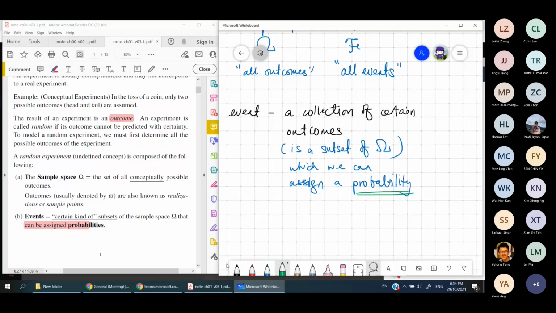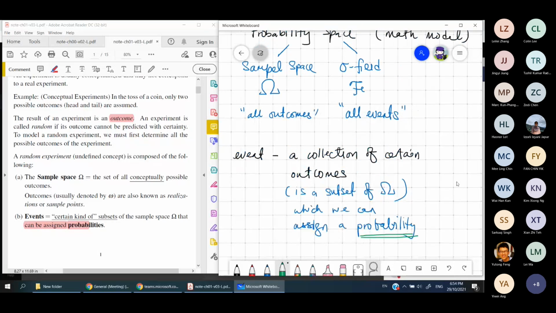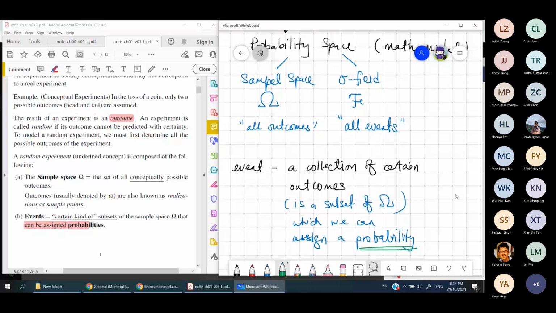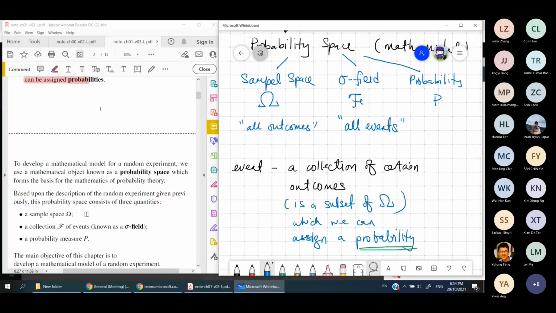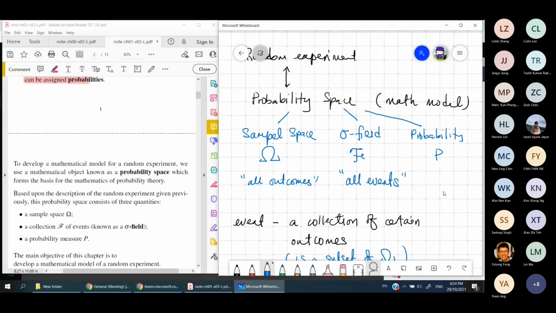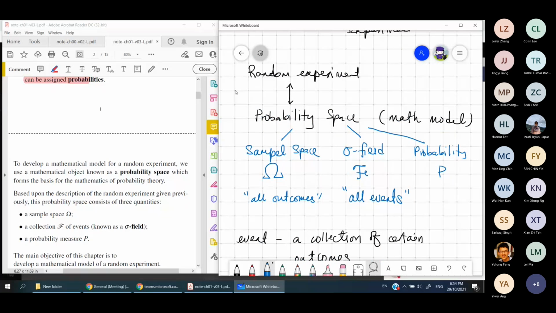And finally, the third one: we must have a probability P. Right, so that is our mathematical model, or mathematical formulation, for a random experiment.